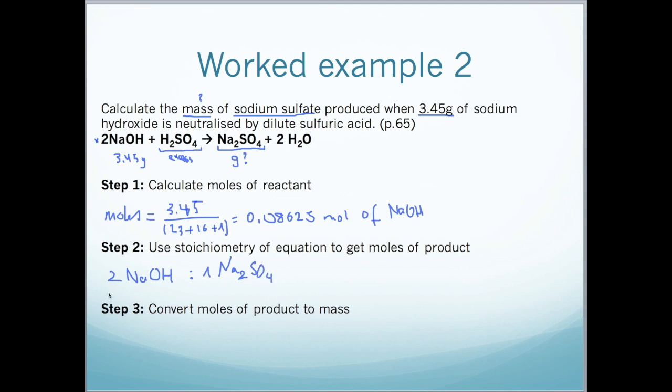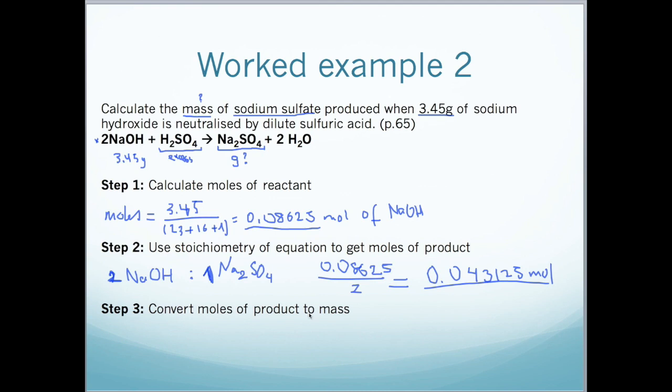We've got 2 moles of sodium hydroxide producing 1 mole of sodium sulfate. Therefore, the relationship is slightly changed. So in order to get the moles of sodium sulfate, we need to divide 0.08625 by 2.